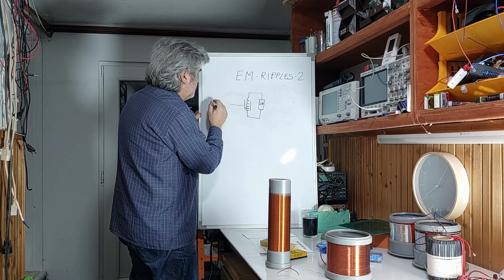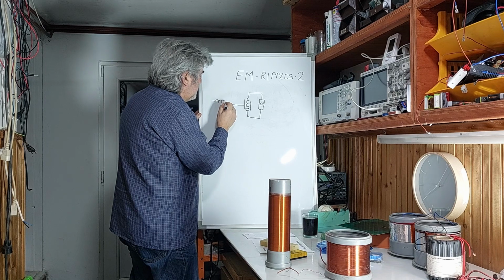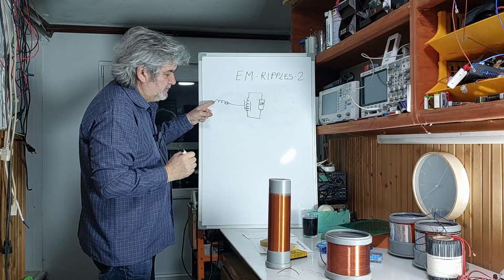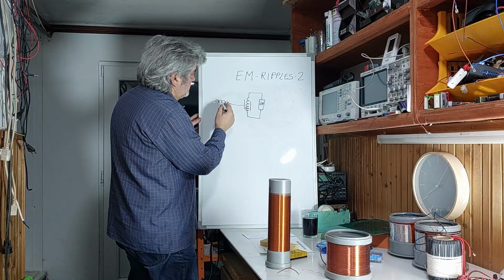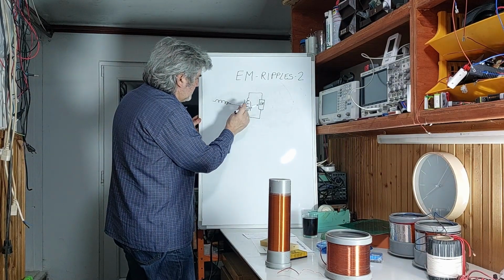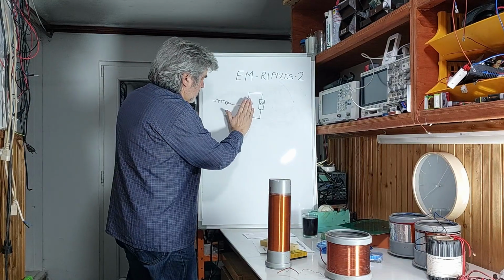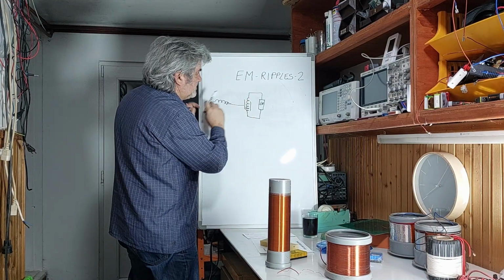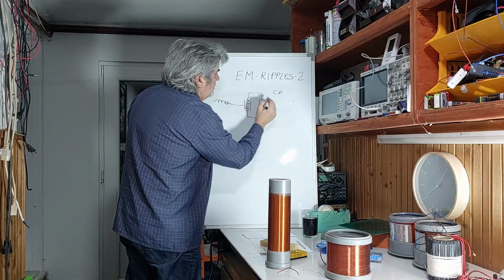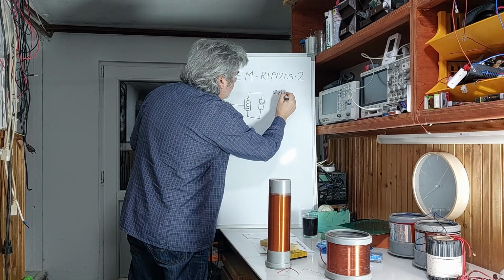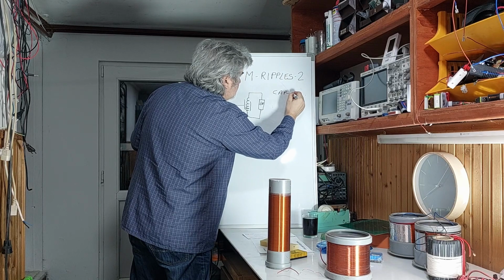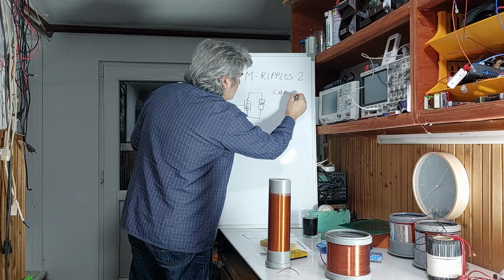But if I put the coil and use this connection that I will set, it is a capacitor. Actually, I call that a cap coil. It is a working title.